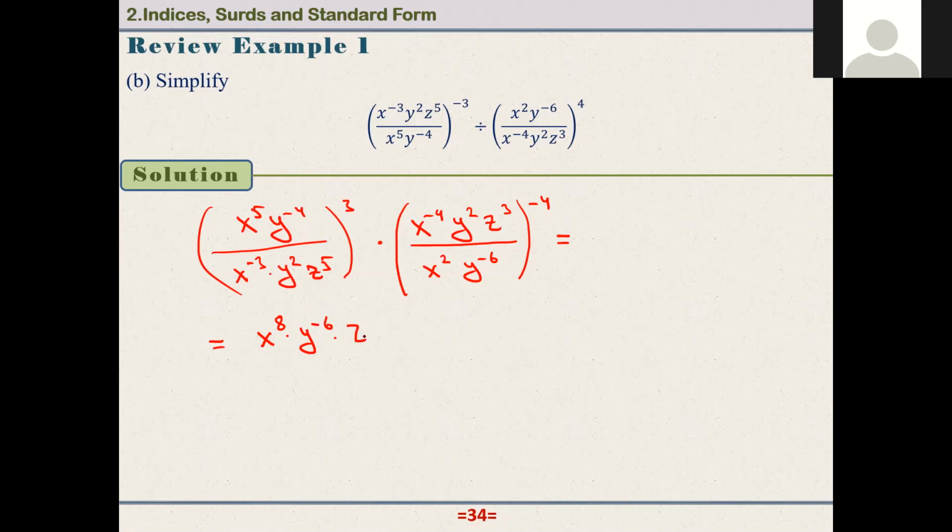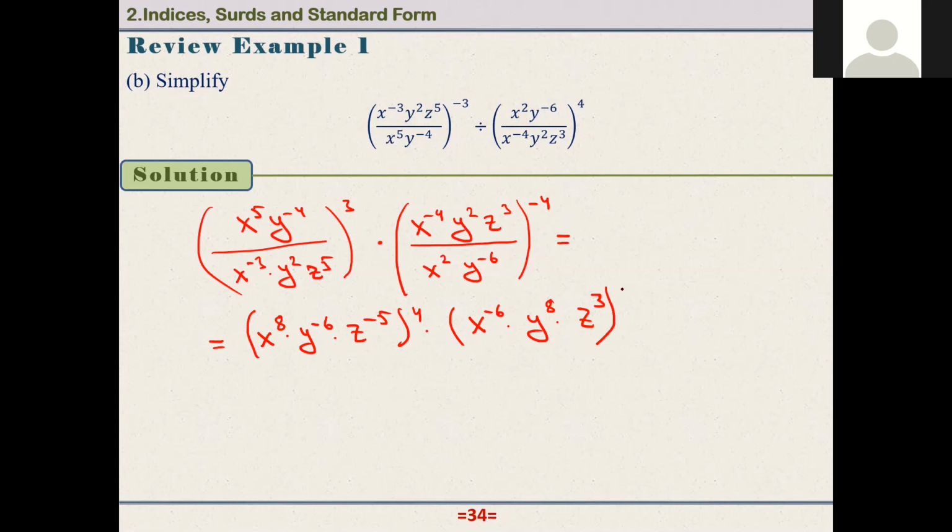And z to the power of 5, here we have 4 times. How about here, x to the power of minus 4 minus 2, minus 6, times y to the power of 2 minus minus 6, that's 8, times z to the power of 3 minus minus 6, that is 9. No? We have nothing, right? Only 3. It is 3.